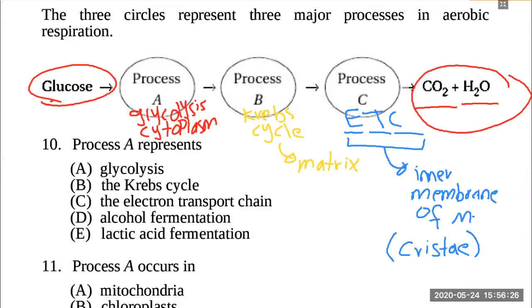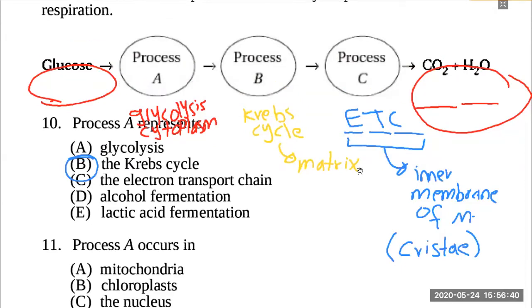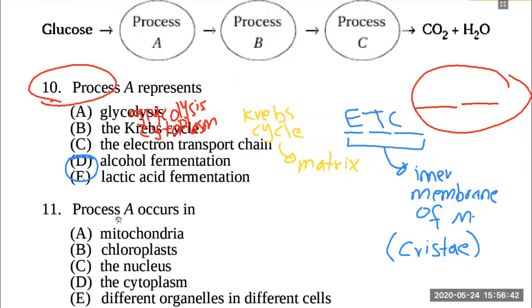Process A represents what? It represents glycolysis. Okay, we know that this is glycolysis. And the second part of the question, or question 11, it says where does it occur? Process A occurs where?